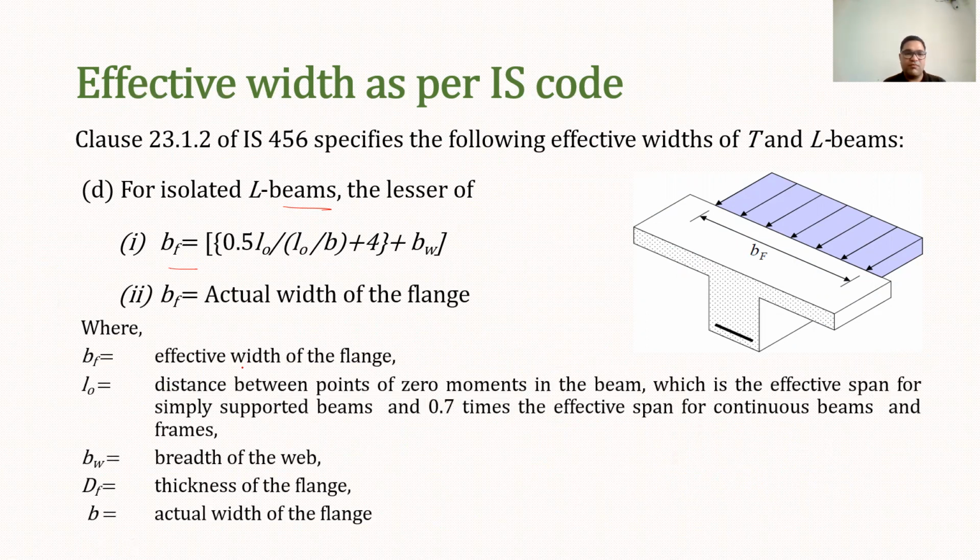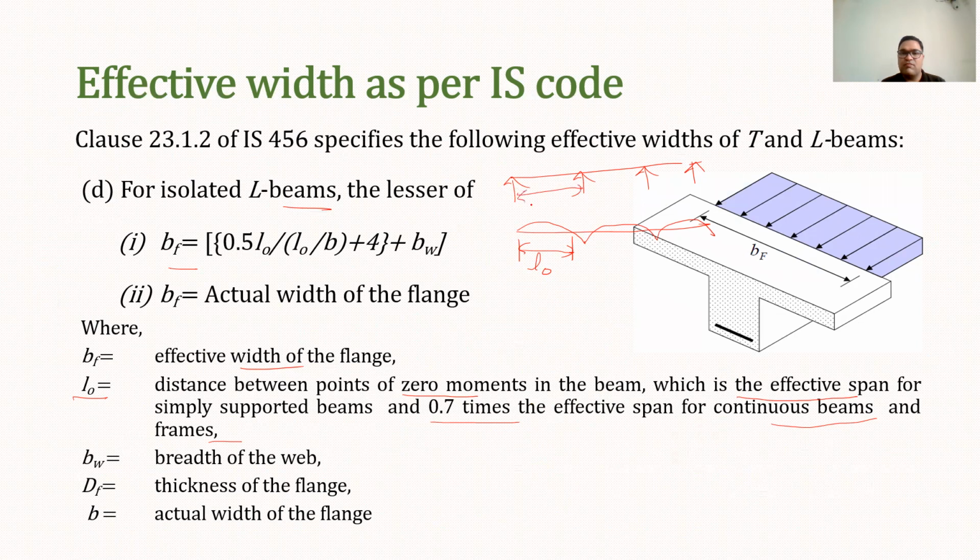So BF is the effective width of flange. L naught is the distance between points of zero moment in the beam, which is the effective span for a simply supported beam, and 0.7 times the effective span for continuous beams and frames. If we have a continuous beam, the bending moment diagram will be something like this, and this will be the value of L naught, which is 0.7 times the effective span.